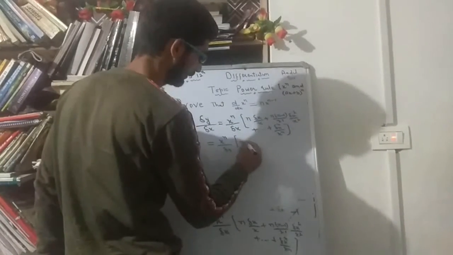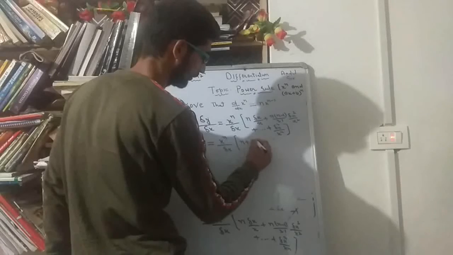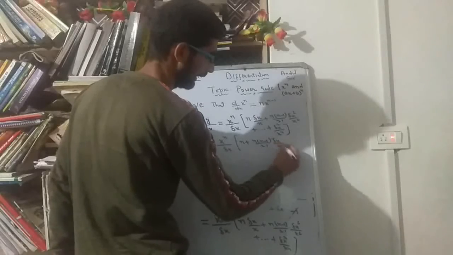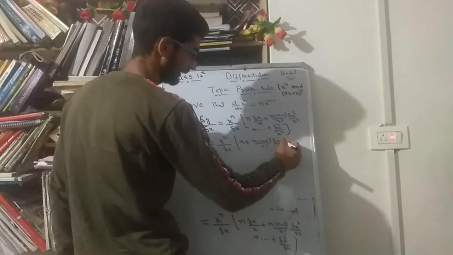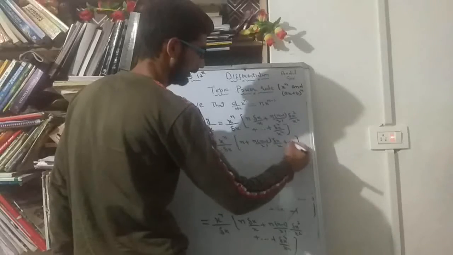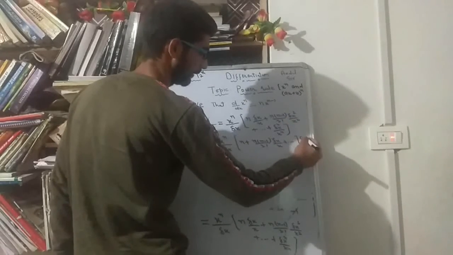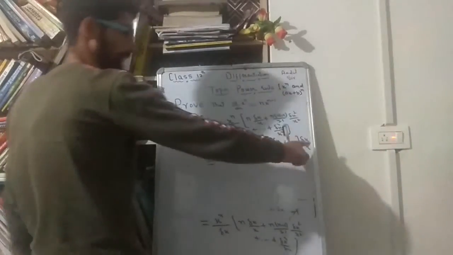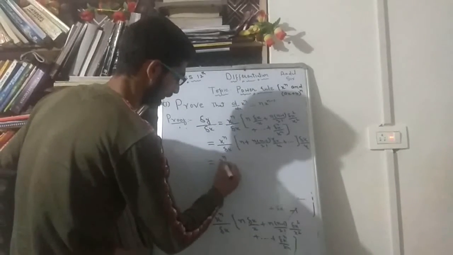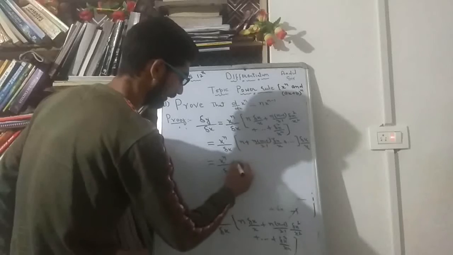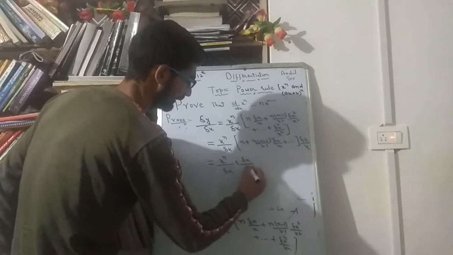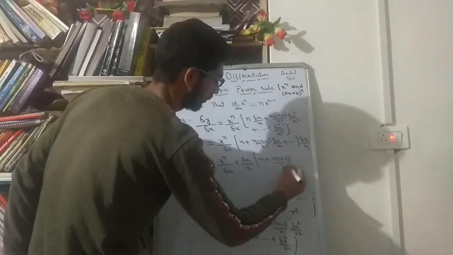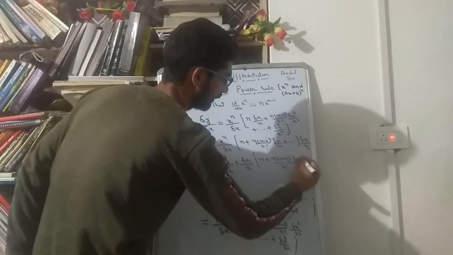So here it will be now n plus n into n minus 1 divided by 2 factorial del x divided by x plus so on, and the last term we have factored out as del x divided by x. So now you check here, it will be x^n divided by del x, and then this multiplied by del x divided by x, and then we have n plus n into n minus 1 divided by 2 factorial del x divided by x plus so on.